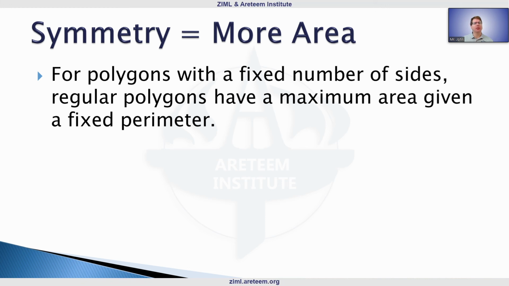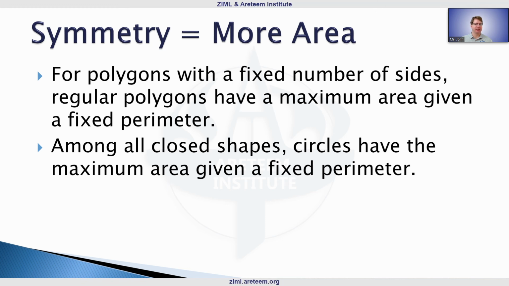What if we're allowed to have curved sides or things like that? And the title, More Symmetry Equals More Area, probably gives away what's coming next. Among all closed shapes, if in general we have some amount of fence and we can pretend the fence can be curved, circles have the maximum area given a fixed perimeter.